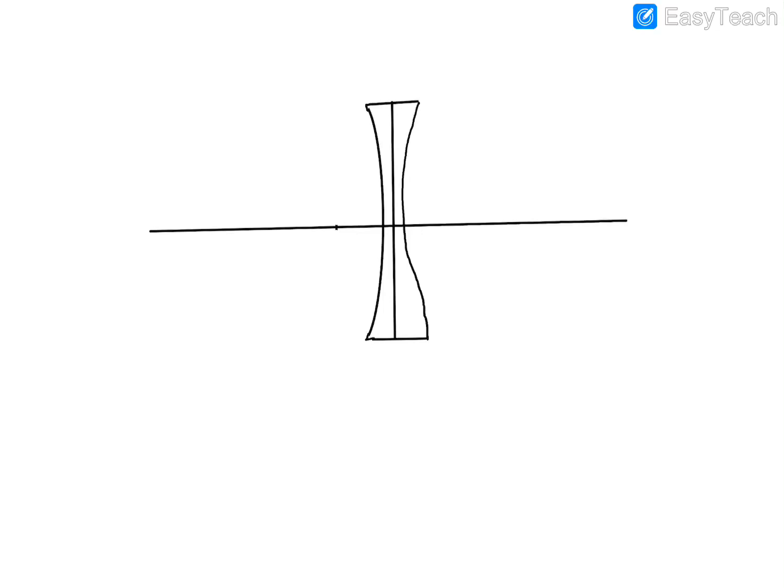Now what do you mean by first focal point here? If there are two light rays which are coming in such a way that they appear to start from this point, as if they are going to go and meet at this point F1, I'll draw these light rays now.